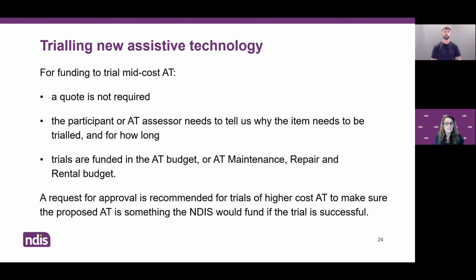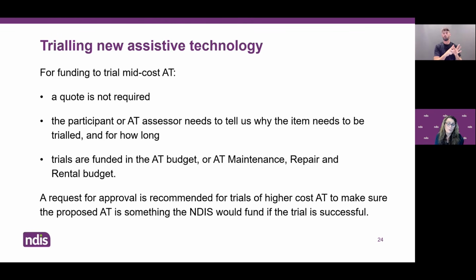If a participant needs funding to trial mid-cost AT, a quote is not required, but they need to tell us why the item needs to be trialled and for how long. For short-term trials, funding is placed in the core consumables budget.